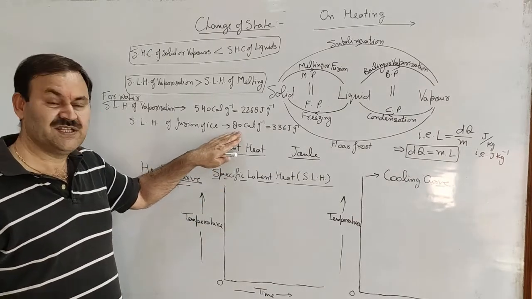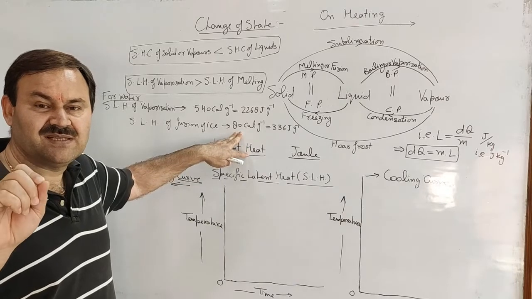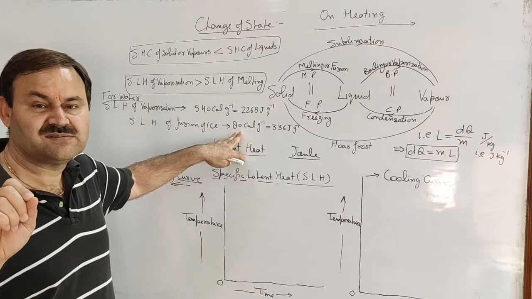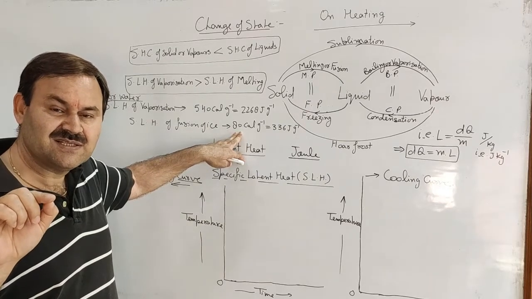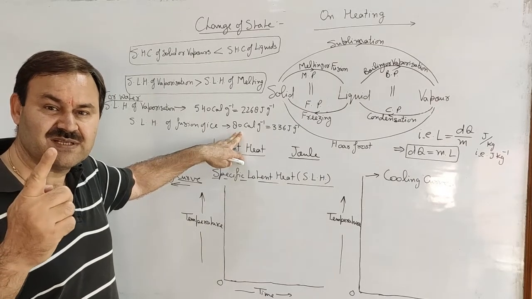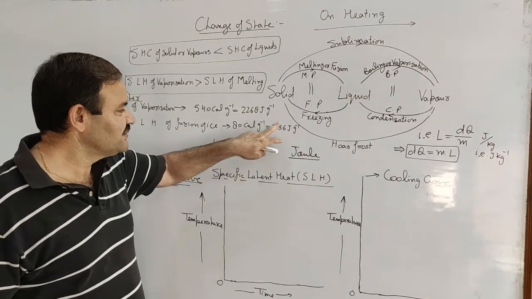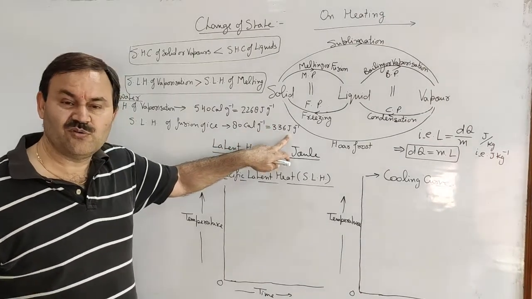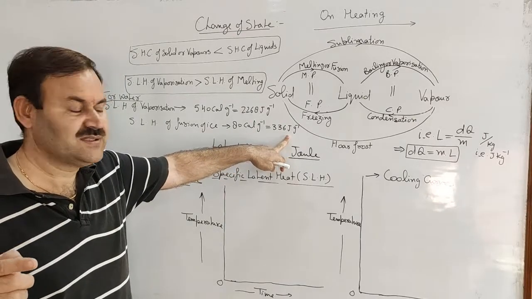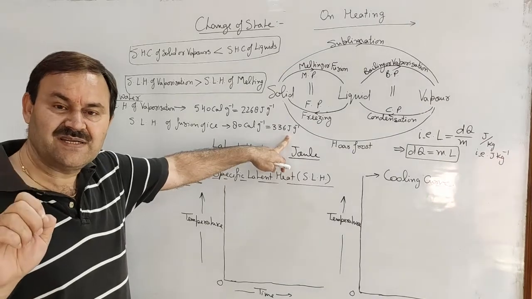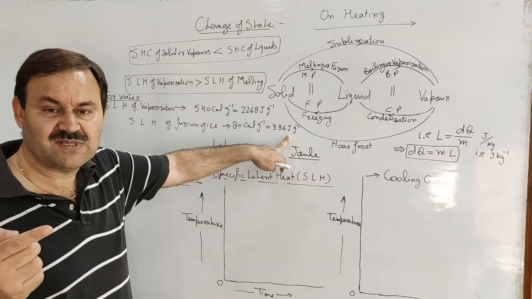That's why cubes of ice are a better cooling agent than ice cold water, because every gram of ice, for changing its temperature through 1 degree Celsius, will require 336 joule of extra heat than the ice cold water. Hence, ice candies will feel colder than the ice cold water.